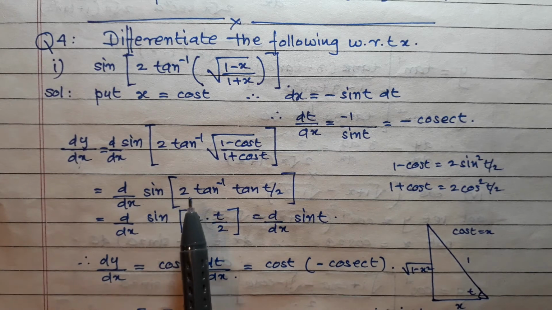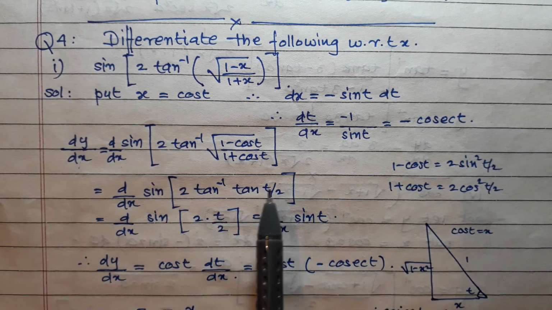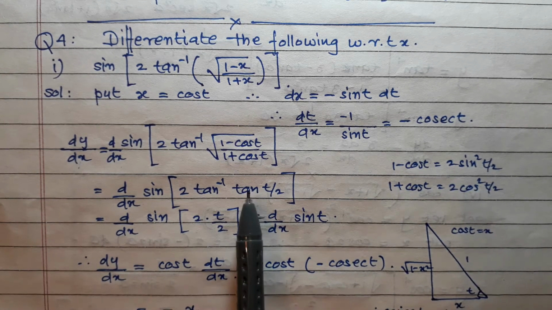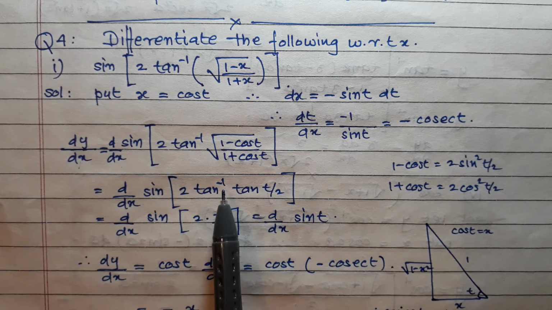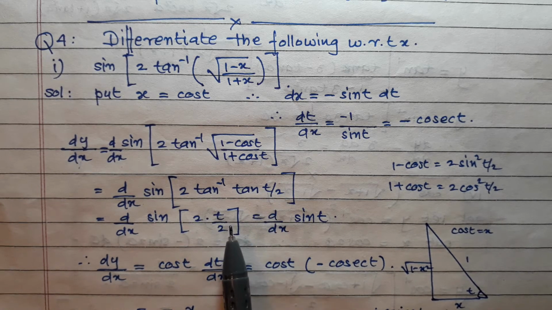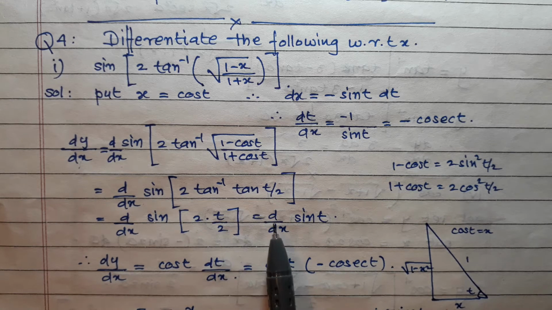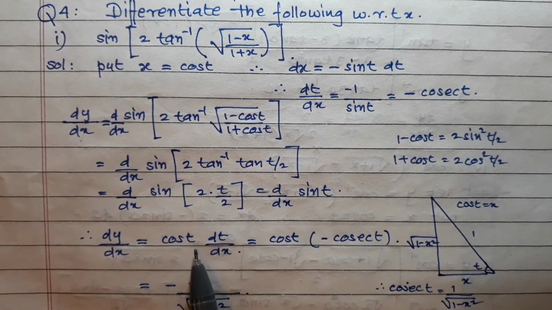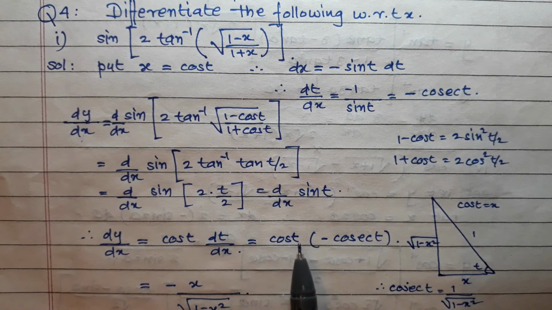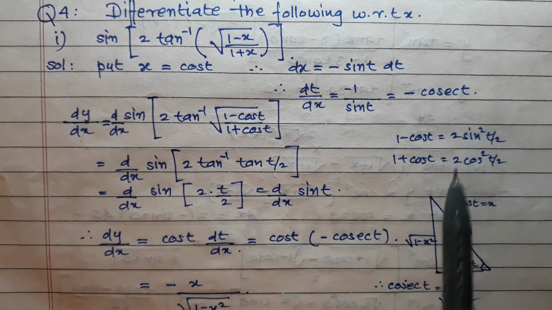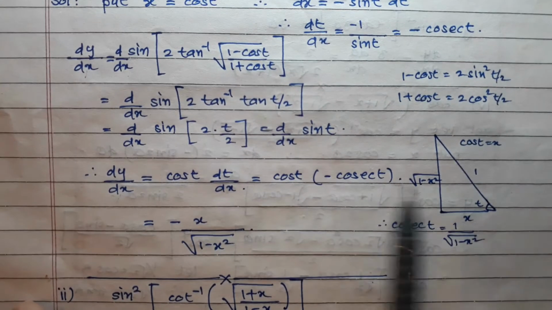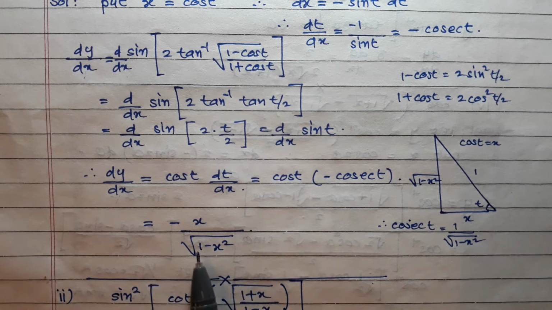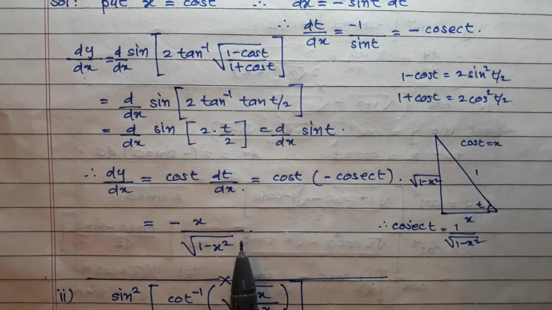So d/dx of sine of 2 into bracket tan inverse tan t upon 2, which is equal to t upon 2. So this 2 and this 2 get cancelled, and simply it is sin t, and dy/dx is equal to cos t dt/dx. So cos t into minus cosec t, and then find the value of cosec t and cos t. So it gives you minus x upon under root 1 minus x square.